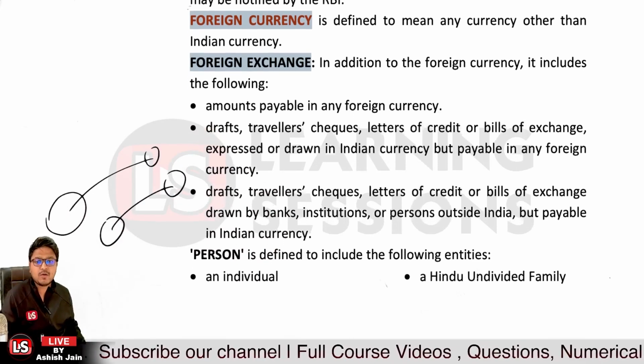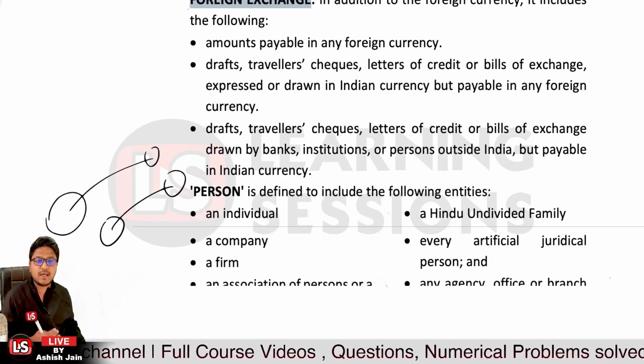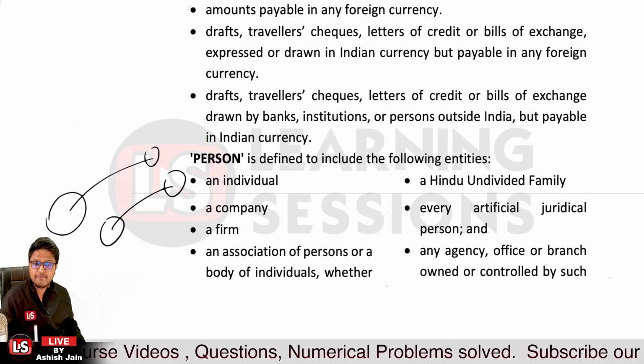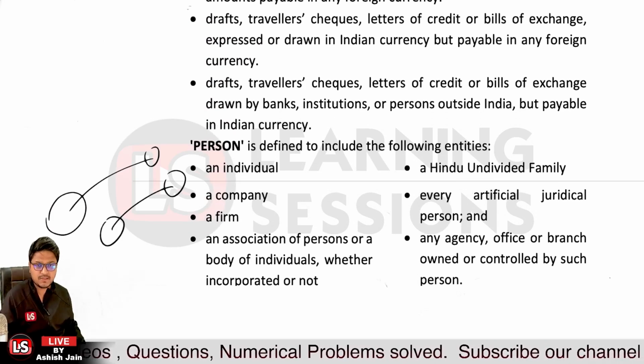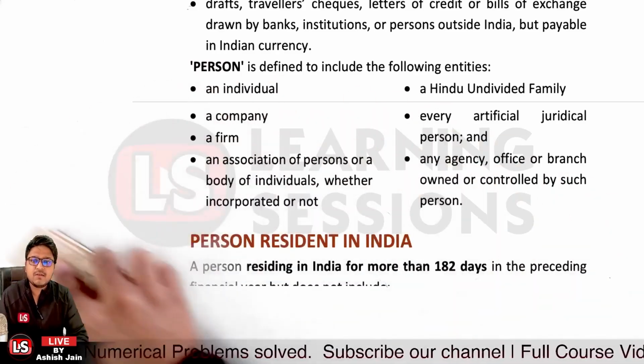And when we talk about a person in FEMA, it covers an individual, company, firm, HUF, and association of persons. So every legal person, every natural person is covered in the definition of a person. Now let's understand a person resident in India.